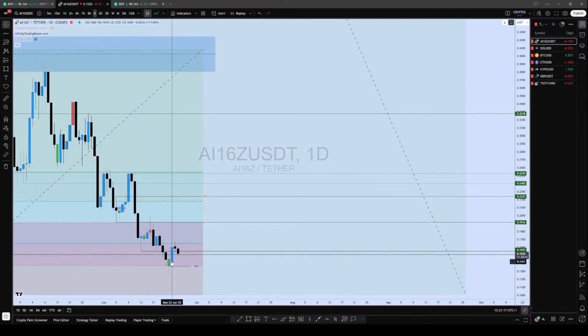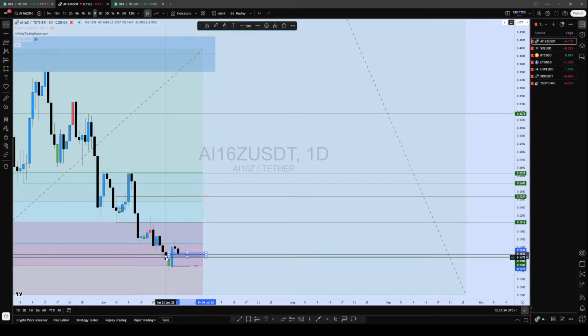AI16Z is trading back into the gap. We want a rejection. Okay, we don't want it to close below Sunday's low, or even the opening price, sorry, the high. We don't want price to close below the high, so we should stay inside this gap and then expand up.